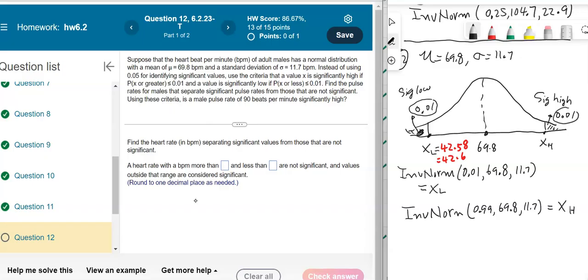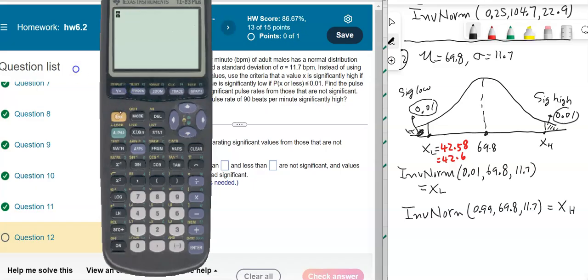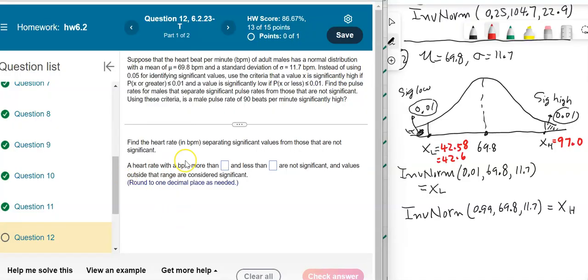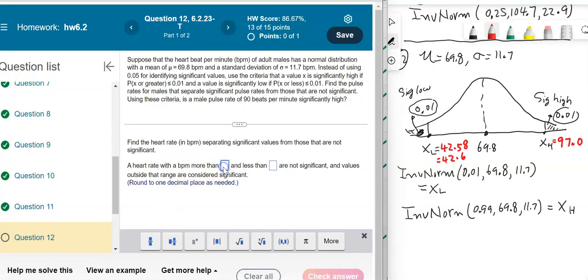So go to inverse norm again, second bars, 0.99, comma, 69.8, comma, 11.7. You get 97.0.